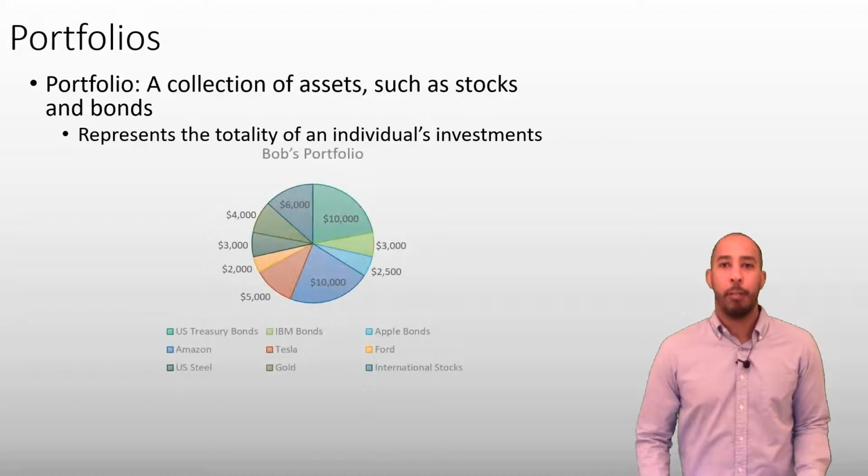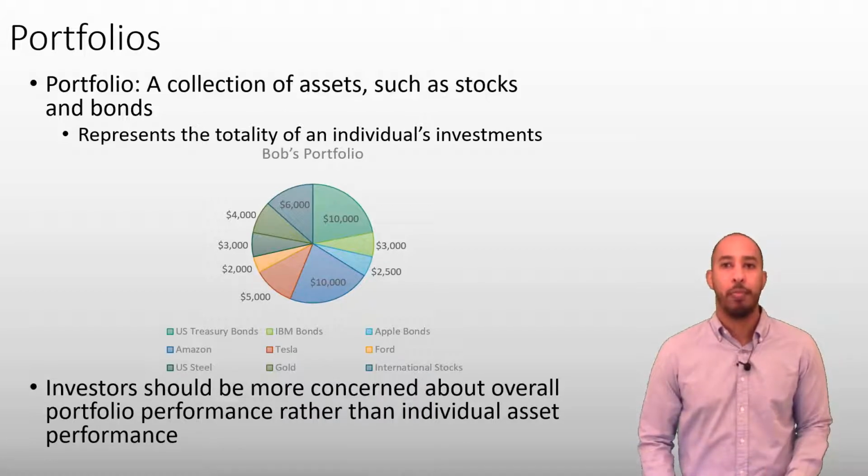Here's Bob's portfolio. He has about $45,000 invested in various assets. He has some treasury bonds, Amazon, US Steel stock, some corporate bonds, some gold, some international stocks. This portfolio is representative of Bob's total wealth. And Bob should be more concerned about how things affect his total wealth rather than just the performance of any one particular asset.